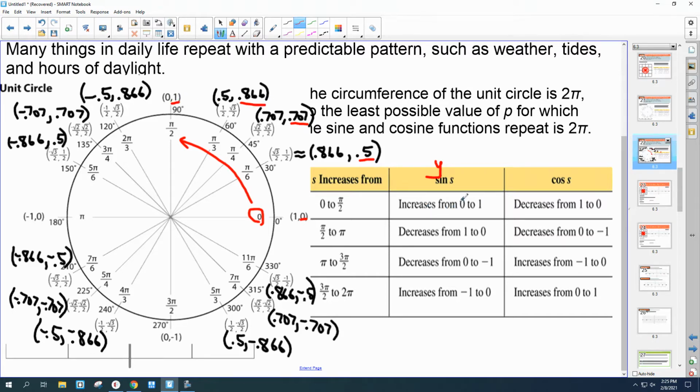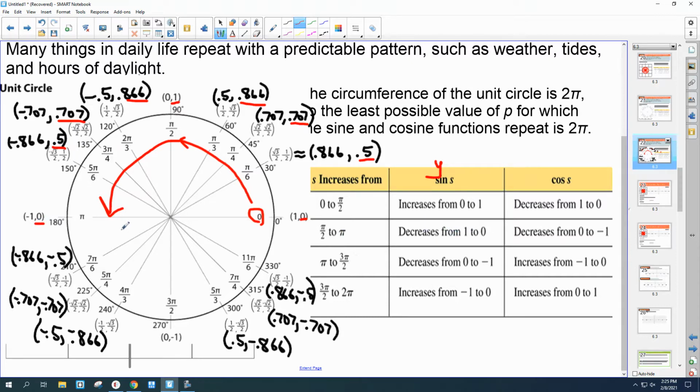So when it says it increases from 0 to 1, the y number increases from 0 to 1, and then from pi over 2 to pi, as we go around the circle, notice what happens to the y value. There's 0.866, 0.707, 0.5, and 0. So we can see that y number decreasing.